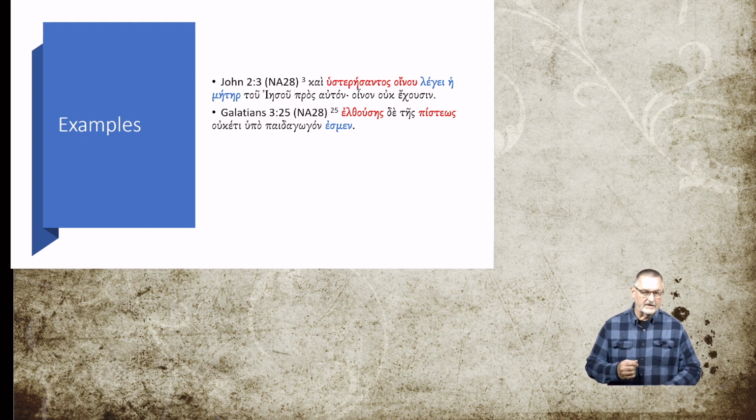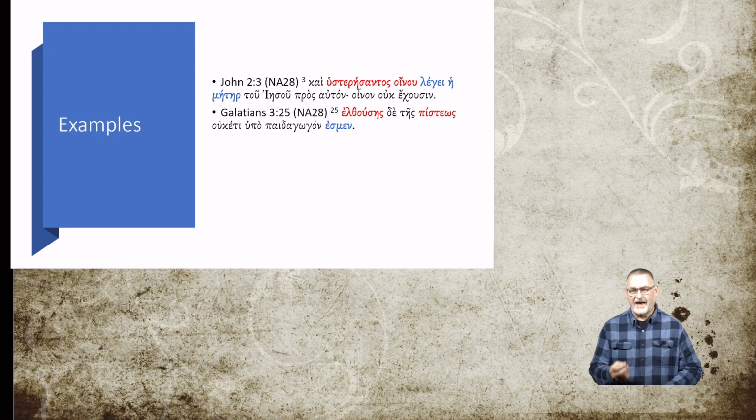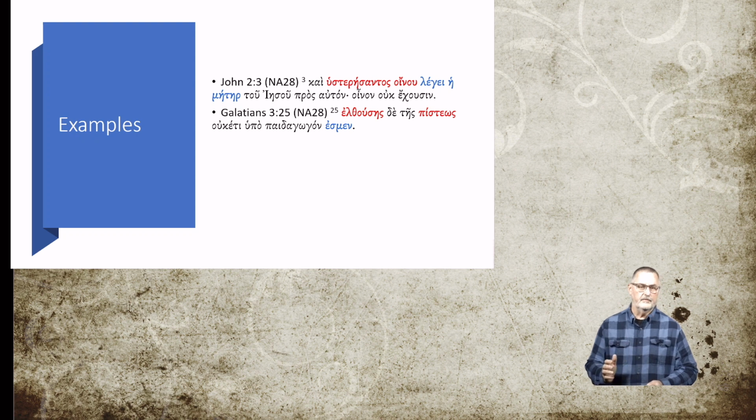The second example, Galatians 3:25 says, "elthouses de pisteos, ouketi hypo paidagogon esmen." The genitive participle there is elthouses. The genitive noun is pisteos. And so this is saying something apart from the main clause, which says, we are no longer under the tutor.